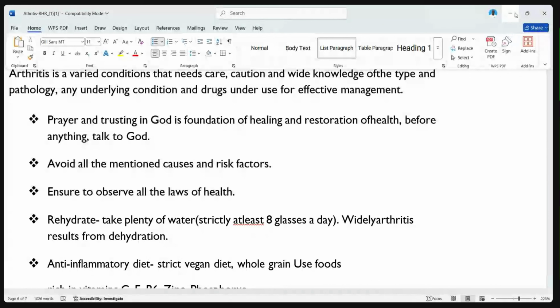And so, onto the treatment. Have this in mind, that when you talk about osteoarthritis, this is an arthritis of the bone. And for arthritis of the bone, one of the causes is aging. So, aging brings about the gradual wear and tear of the cartilage.